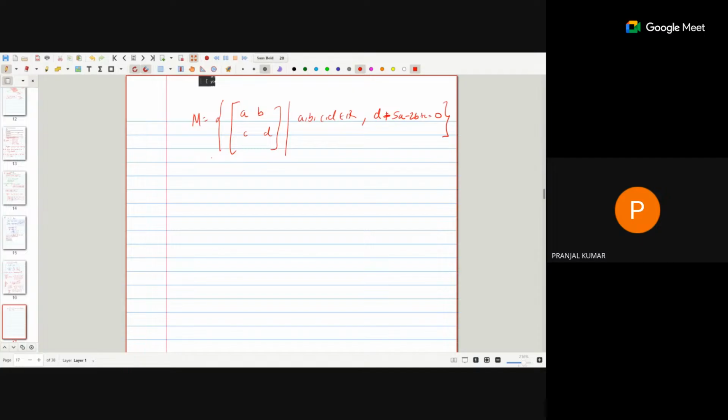Such a condition is given. So to find the basis set for this set, how do we do that?